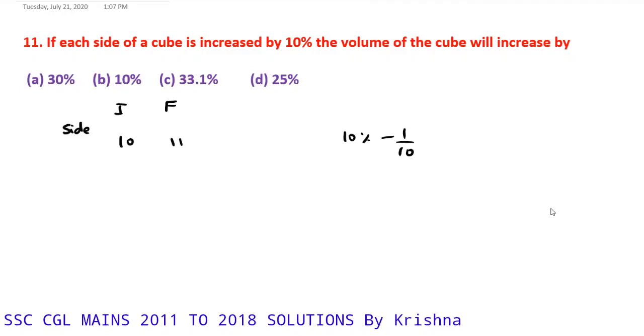The increase is 1 unit, since 10% means 1 unit, so 11. Cube volume means cube times, we will cube the side. So 10 cube and 11 cube. 10 cube is 1000, 11 cube is 1331, and the volume increased by 33.1%.